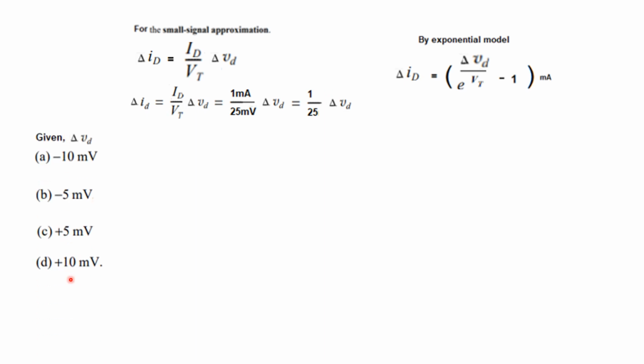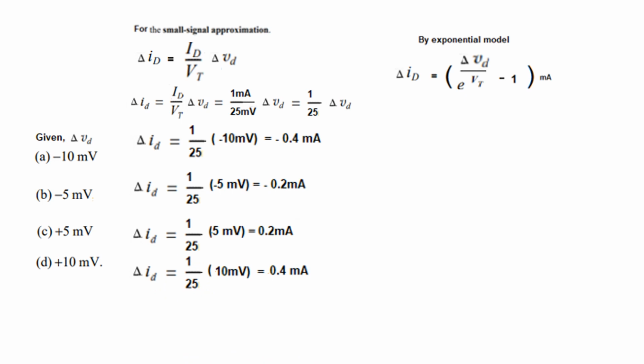Now these are the given values of change in voltage. So we say delta Vd is these four. We'll plug in these values. Okay, so plugging in here 1 divided by 25 and the value of delta V, we get these four answers for the small signal model.